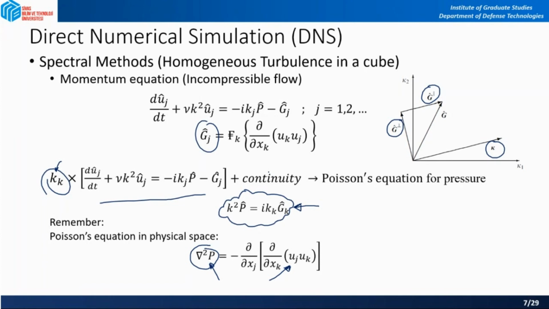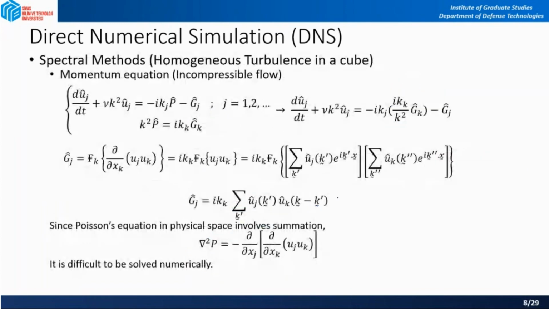As I said, I can refer you to Pope's book, and if you want to deal with the mathematics of this, you can go over there and see. You will just get the Poisson equation in wave number space. So you can write the equation to obtain p hat.